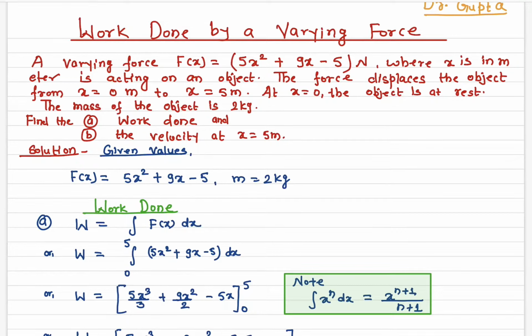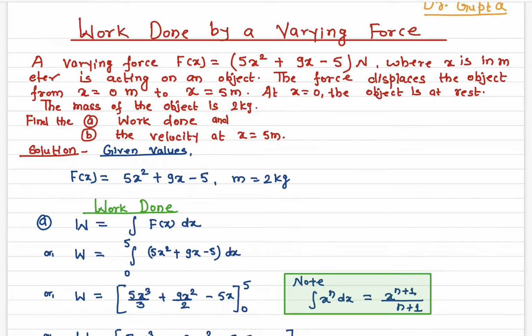Now what we have to find out is the amount of work done and the velocity of the object when it has moved to x equals 5 meter. Okay, so let's do that.